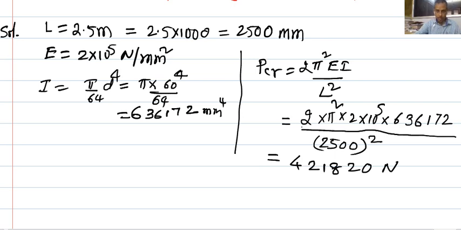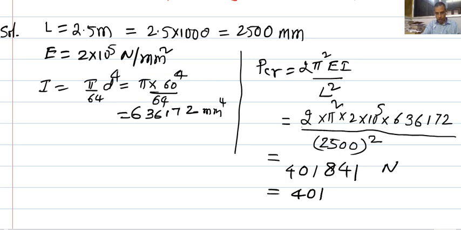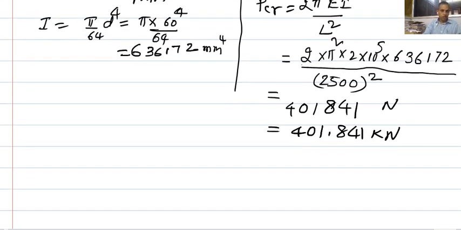It is not exactly this much. 4,01,841. Correct. Good. Very good. So I also verified, typed it. It's getting 401,841 Newton, right? We also call 401.841 kilonewton. Okay.